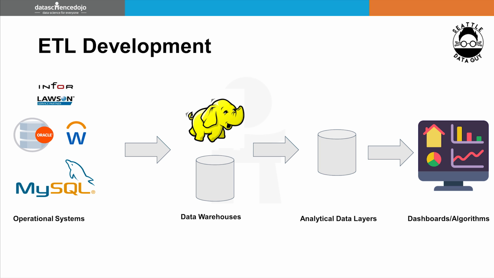And then in that whole ETL development we also do something that I like to call an analytical data layer, which is where you start doing ETLs that do more than just extract data. They start actually aggregating data, maybe running some sort of metrics or algorithms on your data, so that they can be easily fed into future dashboards.